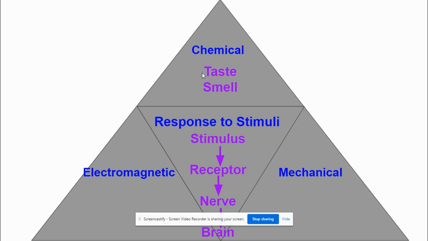So for chemical, you should have taste and smell. So the example that I use in class is that if I have a pot of coffee brewing, that pot of coffee is going to give off different chemicals into the air. Some of those chemicals are going to reach my nose as I breathe in, and the olfactory receptors in my nose will pick up those chemicals in the air and send a message to my brain to say, oh, there's yummy coffee being made.